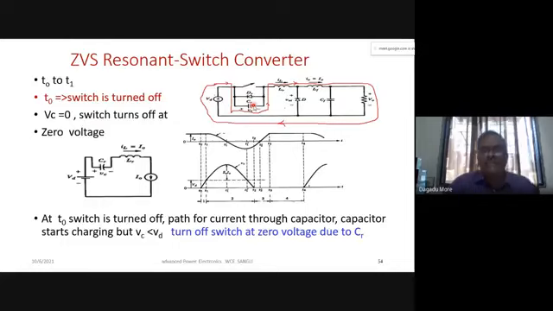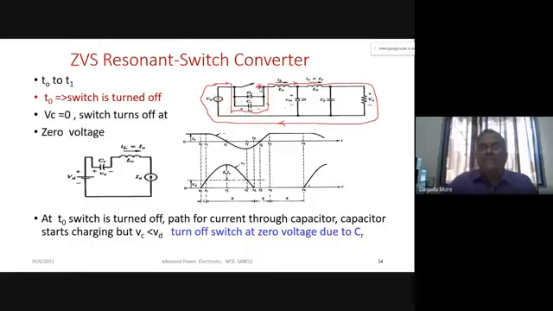Then what is the path? Here we are considering the period T0 to T1, up to the instant T1 when the capacitor voltage and supply voltage become equal, where our capacitor voltage VC is less than VD.